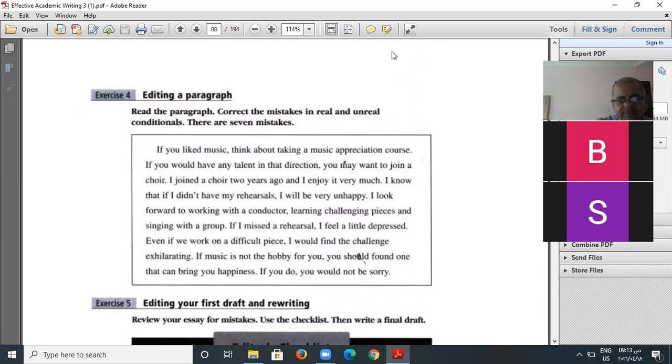Think about taking a music appreciation course. We say if you like music. Of course this is a real conditional, so think simple present. So we say here: if you like music, think about taking a music appreciation course.